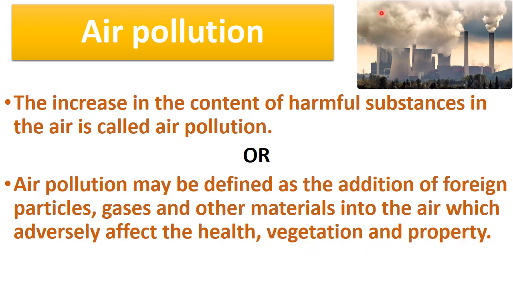Okay, so what is being added to the air? Either the foreign particles or gases or other materials which will affect the health of the people, the vegetation as well as the property. That is pollution. So now are you clear about this term air pollution?